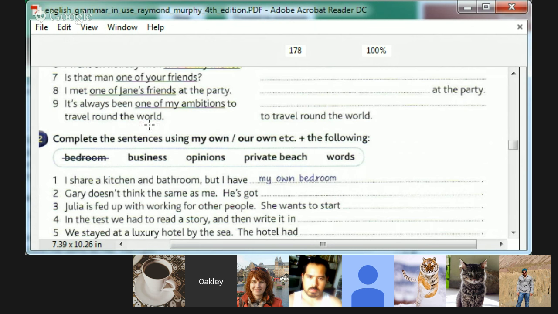However, if it is at the absolute end of a thought, sentence, or paragraph, it's the last word, I would actually pronounce it. I wouldn't stop it. To travel around the world, I would actually fully pronounce this, in this case. It's the last sound.